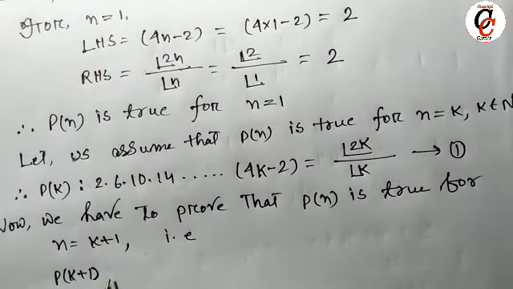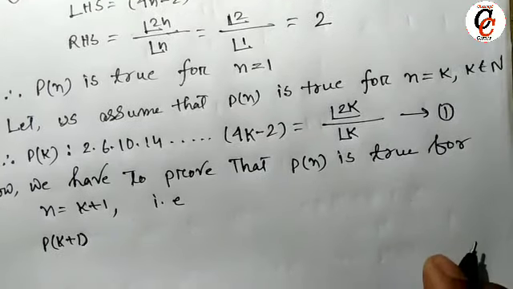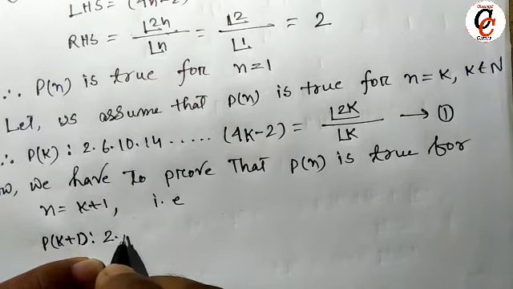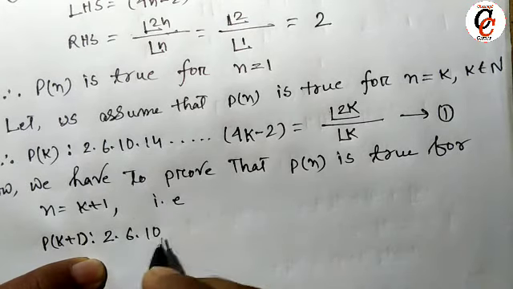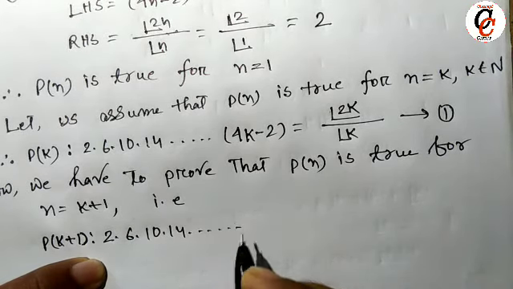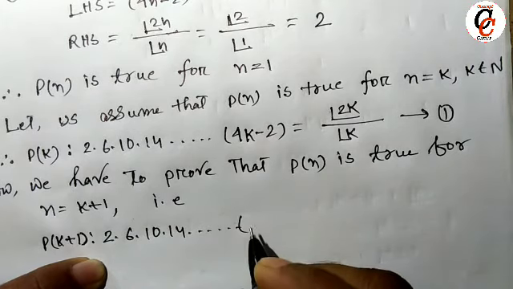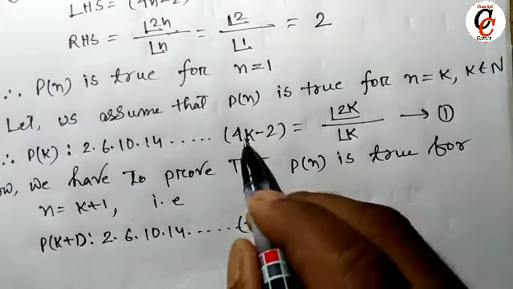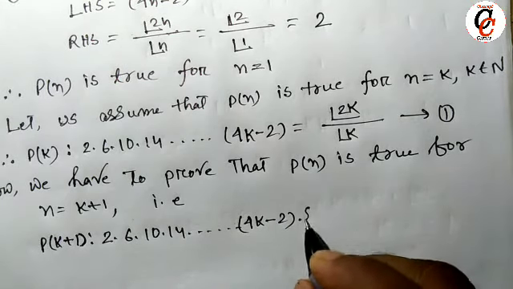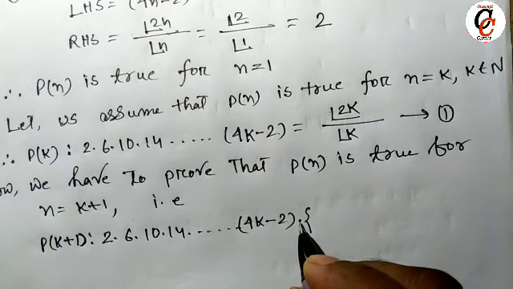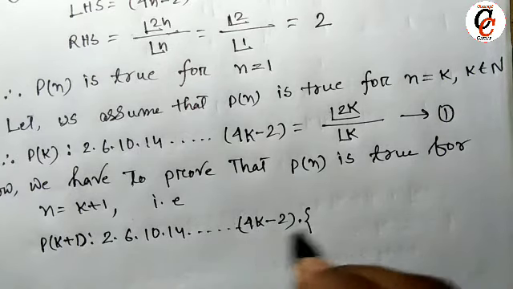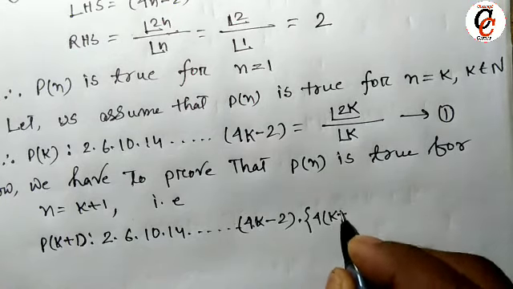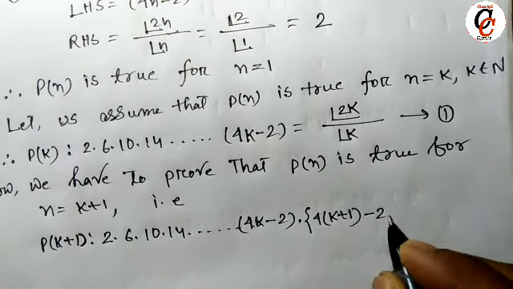This step is very important. See carefully. 2, 6, 10, 14 up to what? It will remain the same, 4k minus 2, and in the next step, since into is there, we have to give into here: 4 into k replaced by k plus 1, and then minus 2.